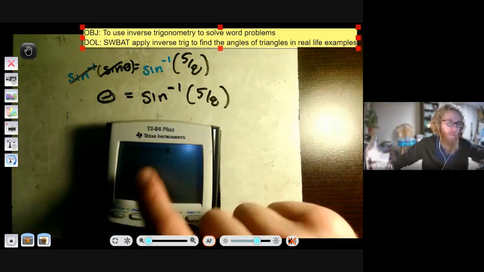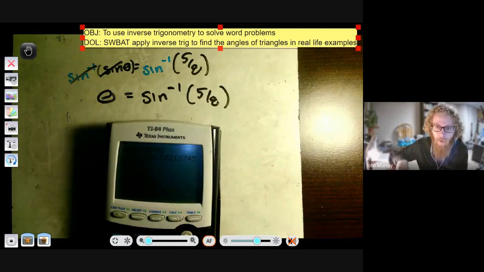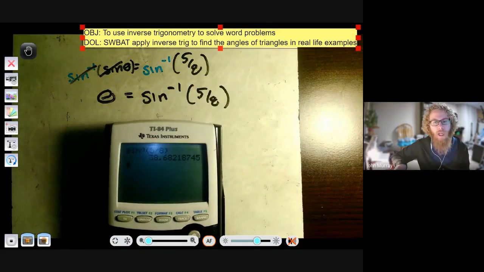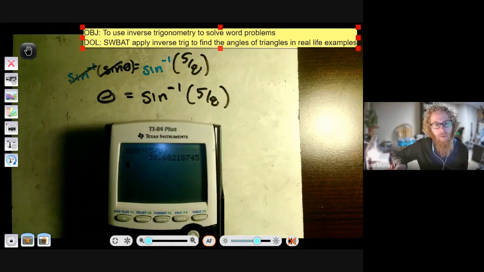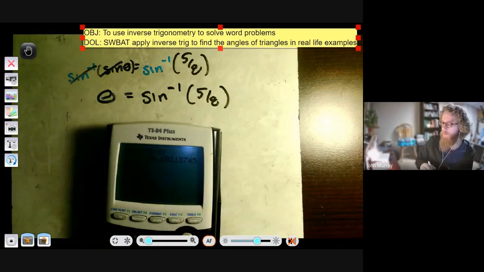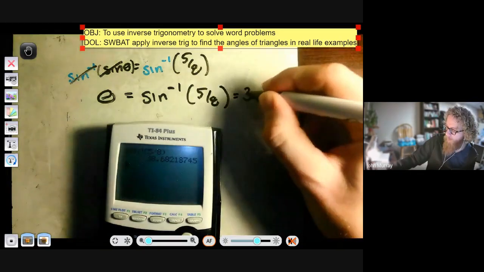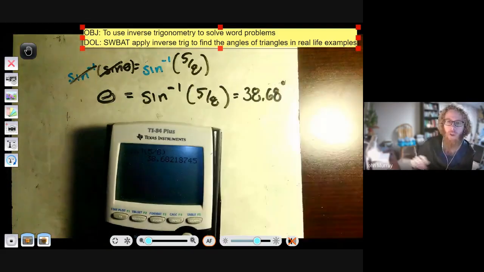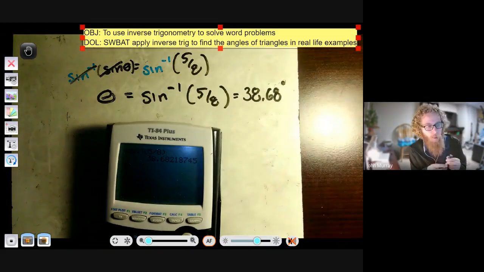You can punch in 5 divided by 8 and hit enter. So the angle made up by those two sides is about 38.7 or 38.68. And we're talking about degrees there, so we make sure we put the degree sign.